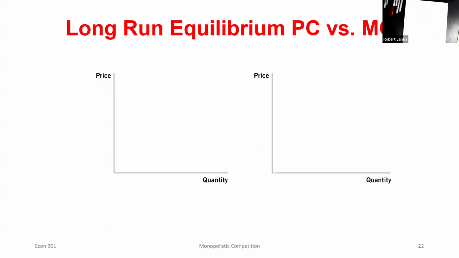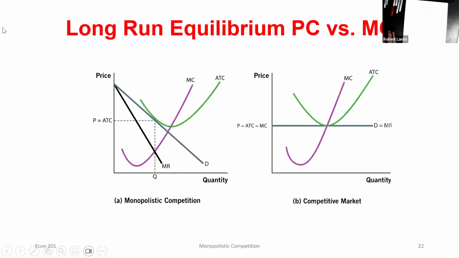Okay. So it's kind of where we left off. I'll give you this comparison, and then I'll break it down in a slightly different way. I want to show you the visual here first. So if I have a perfectly competitive market and a monopolistically competitive market, we know that for these perfectly competitive firms, they're going to end up in the long run at the minimum point of that average total cost curve, right?